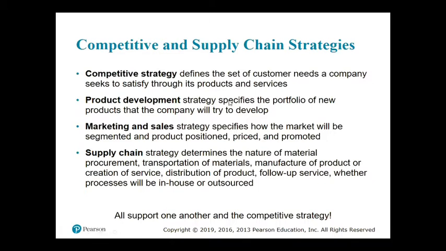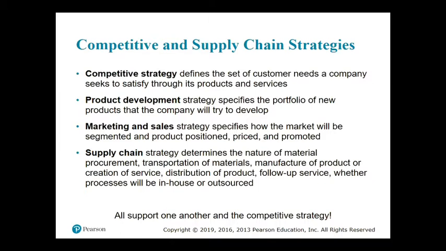So in product development, we specify the product portfolio. So what is the assortment of products that we're going to sell? For Walmart, since what they're focusing on is product availability and low cost, they don't really differentiate on the assortment of products they sell.